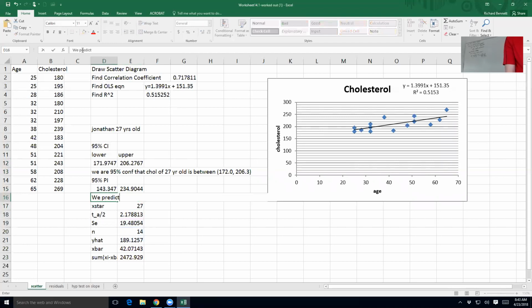We predict with confidence that a 27-year-old's cholesterol is between 143.3 and 234.9. Actually, I should have been a little more specific on that.